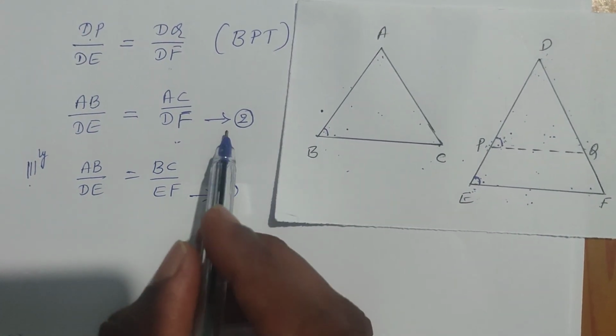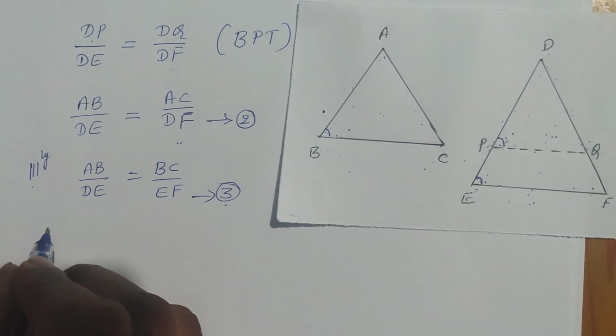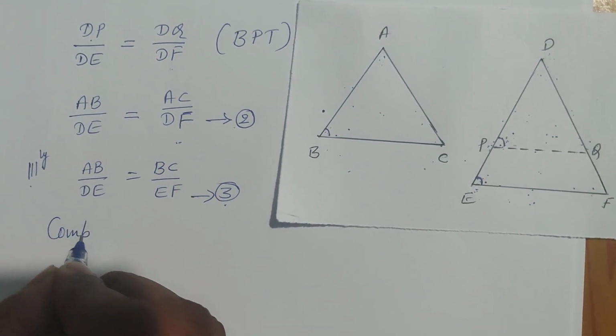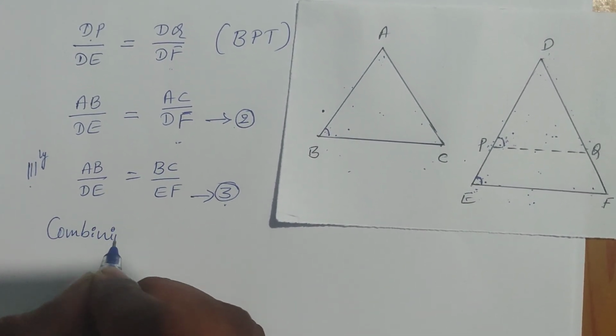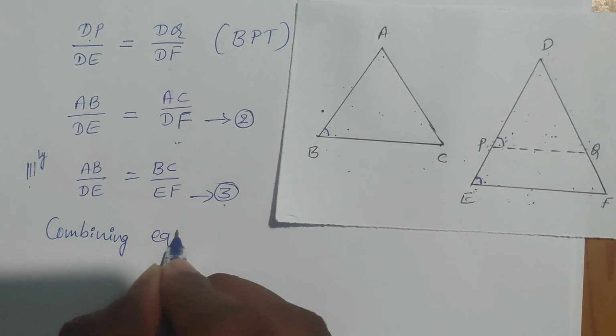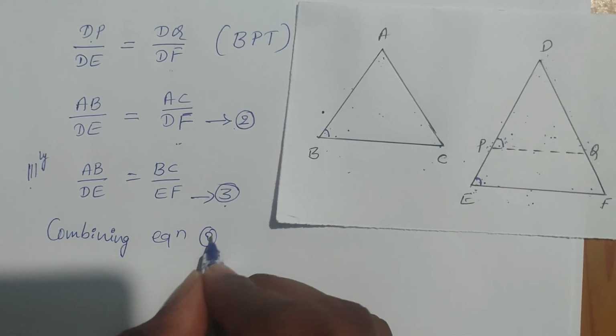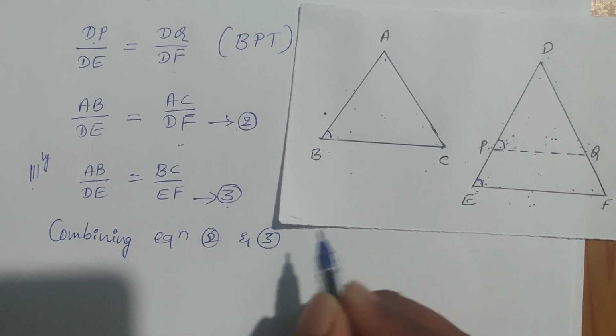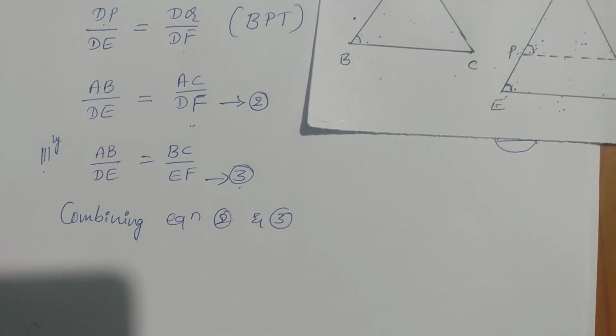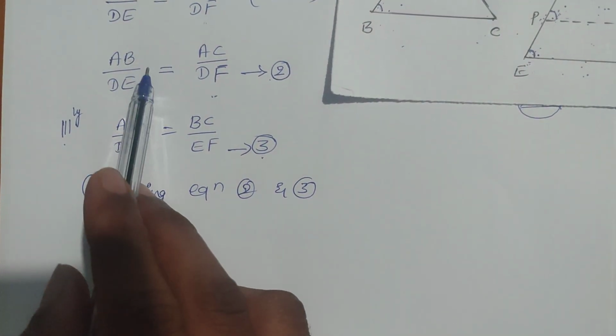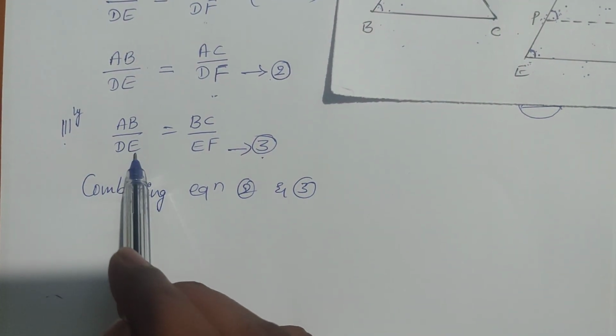Now combine equation 1, equation 2 and equation 3. By combining, I mean AB by DE is common in both the equations.